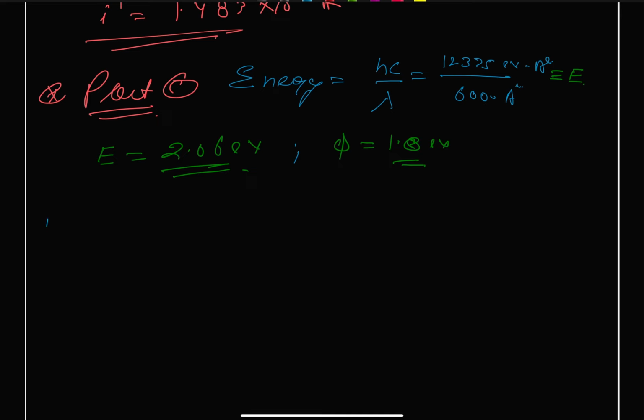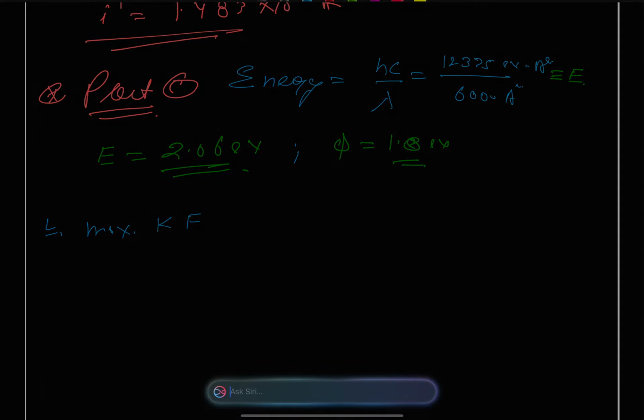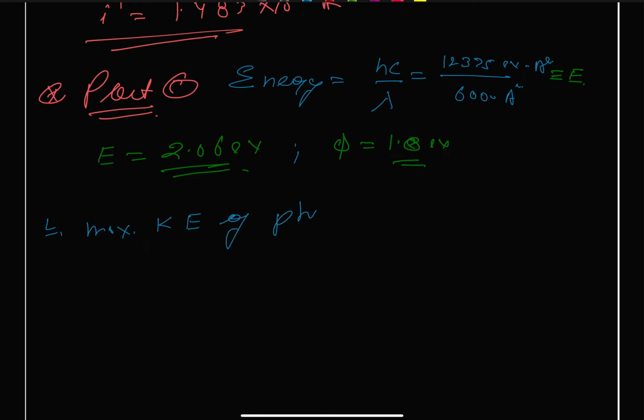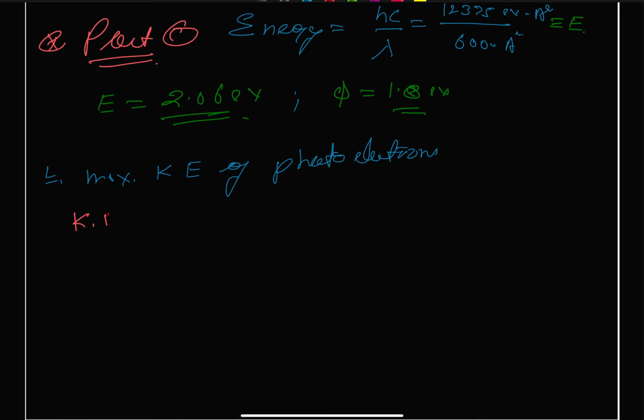Therefore we can write that the maximum kinetic energy of photoelectrons, KE max, will be equal to energy minus work function, and this gets as 2.06 minus 1 giving us 1.06, and this is our stopping potential.